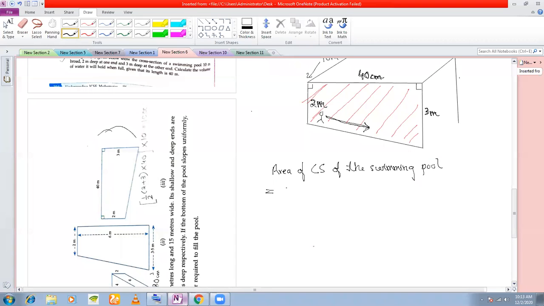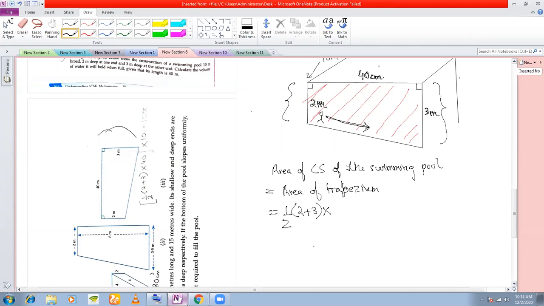It is the area of the trapezium, right? And what is the area of the trapezium here? Half the sum of the lengths here, 2 plus 3, the sum of the parallel sides, these two are parallel sides, into height.